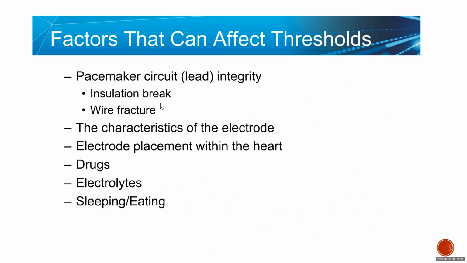There's a fracture in the lead or insulation break, so some mechanical problem with the lead. Or it could be the location where the lead is. If it's attached to scar tissue, it's harder to capture, for example. Or it could be external factors. So some drugs can raise the pacing threshold, electrolyte imbalances, and many other factors.